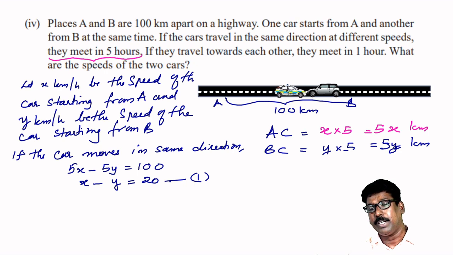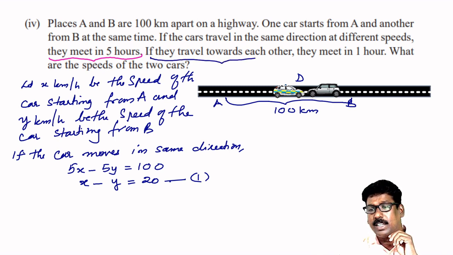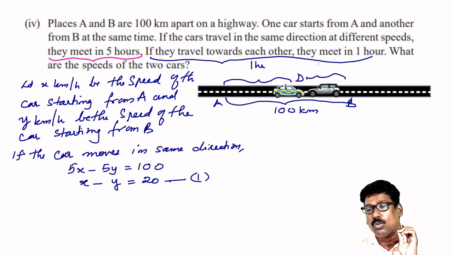Let that point be D. Here you can see the cars travel towards each other. They meet in 1 hour. That is, time taken by the car starting from A to reach D is 1 hour. Similarly, from B to D also it takes 1 hour.